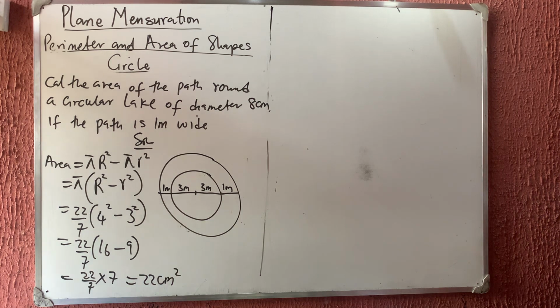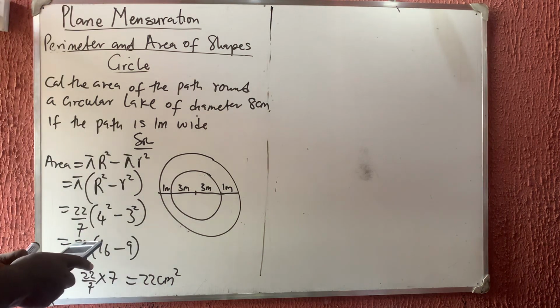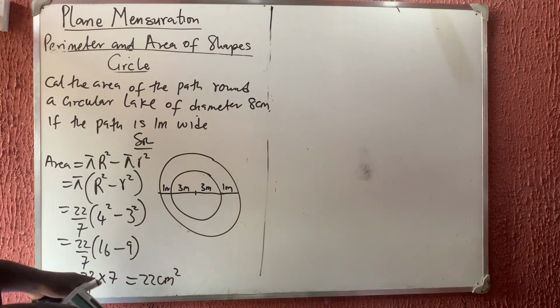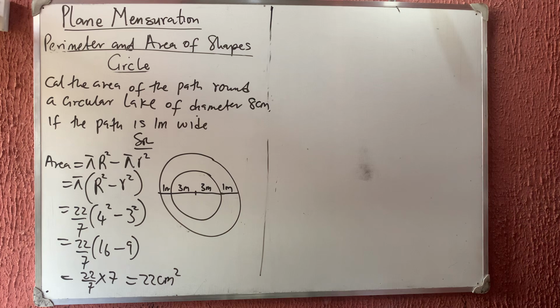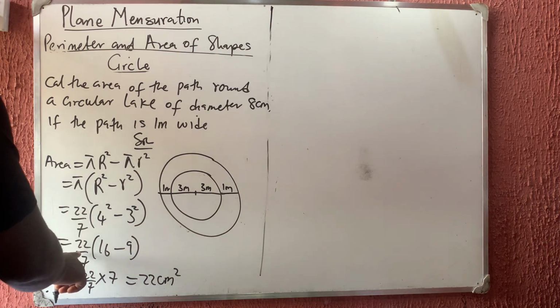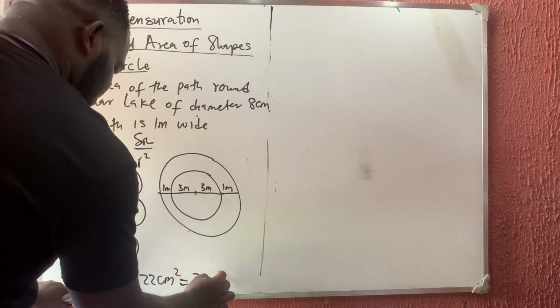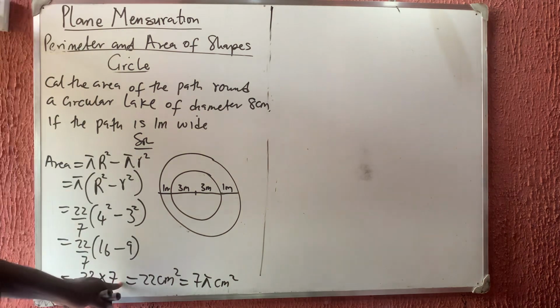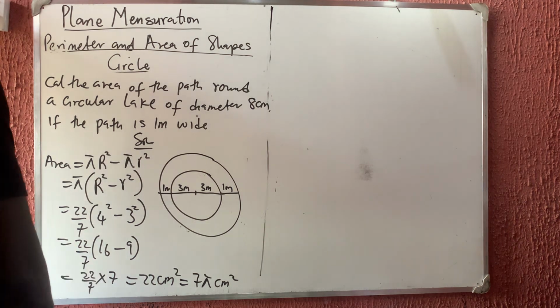So how did I get that? 16 minus 9 is 7. 7 takes care of 7. But if your answer is in pi, then we should just have this as pi. So it's going to be 7 pi. I'm saying 7 pi because that's what I'm seeing in the option here. So 22 over 7 is pi. So 7 pi. Okay, so that is that.